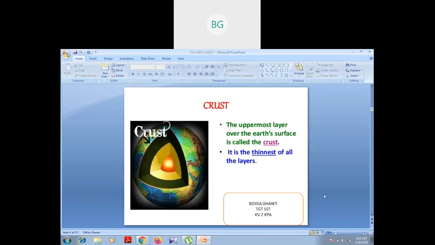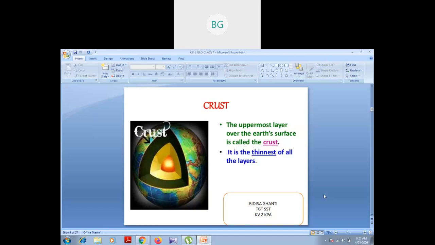Just think about the onion: the uppermost layer of the onion is the thinnest part, and it's a little bit harder than the other layers of the onion.